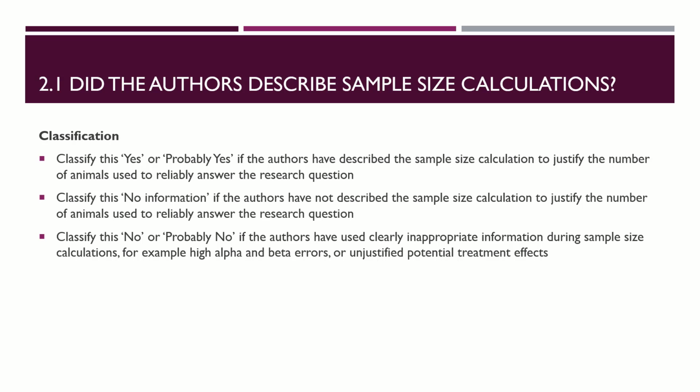But the study authors have used inappropriately high alpha and beta errors or unjustified potential treatment effects. They claim that the treatment reduces the outcome by 100% or 90% without any justification. Of course, the treatment may completely decrease mortality. Okay, there may be treatments like that, but they have to be justified. So in the sample size calculations, they have used unjustified potential treatment effects.